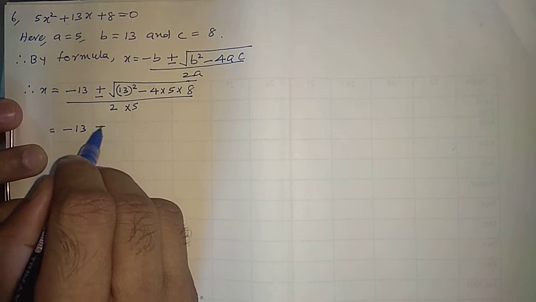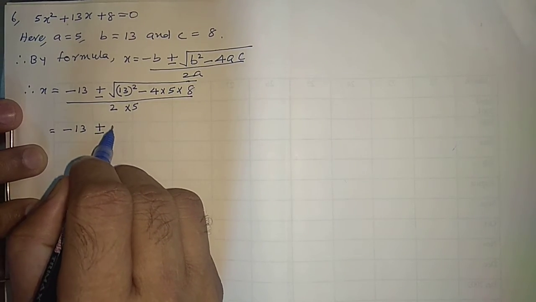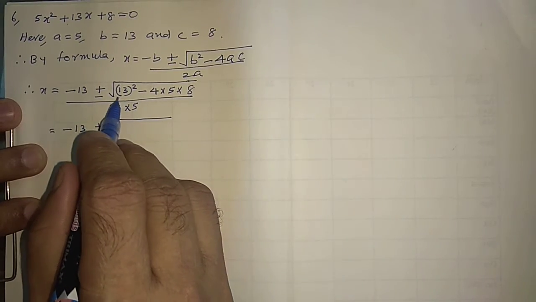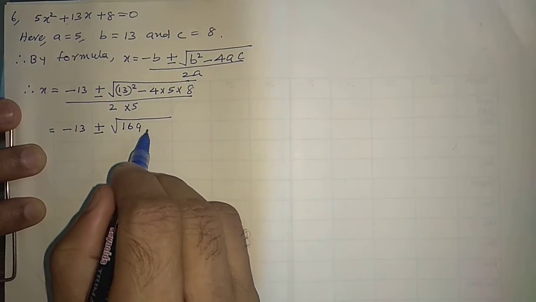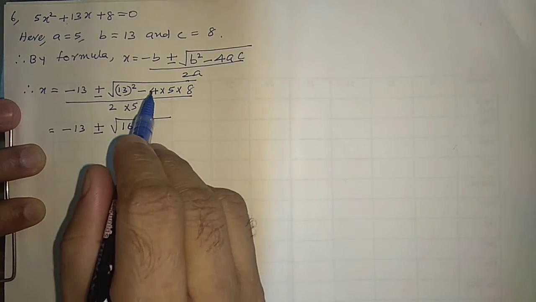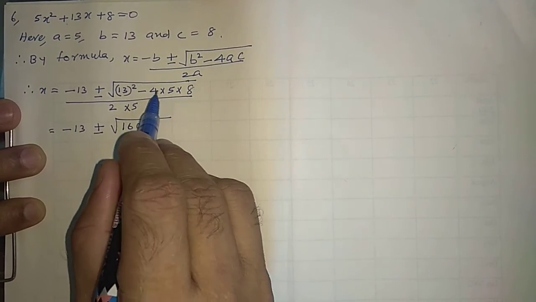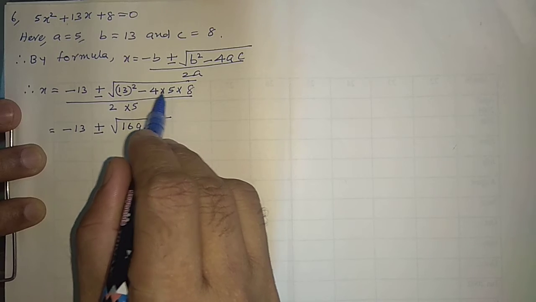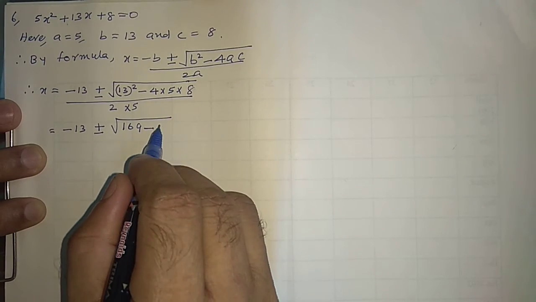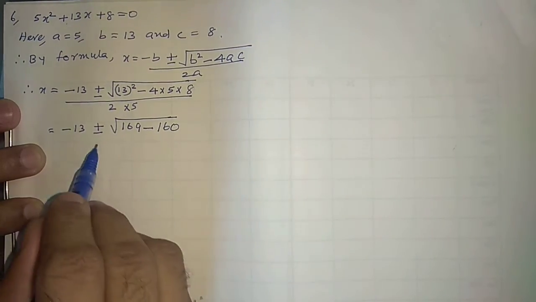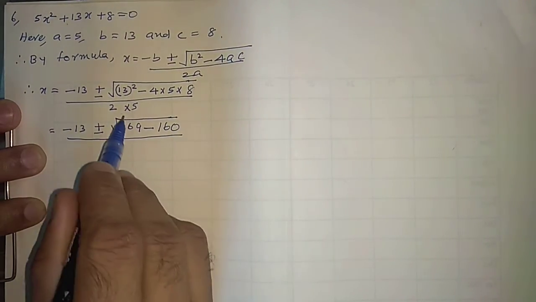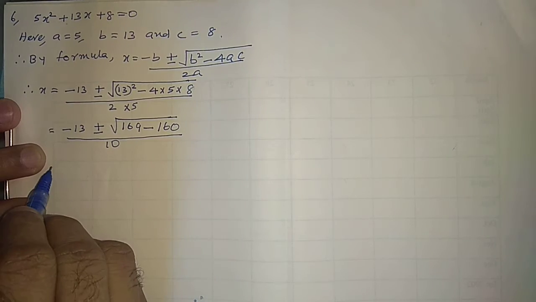Minus 13 plus or minus, how much is 13 square? 169 minus 4 5s are 20. 20 2s are 40... that is, 20 8s are 160, upon 2 5s are 10.